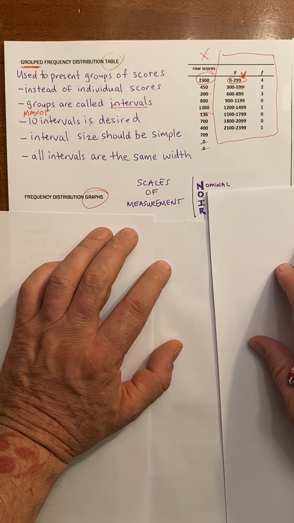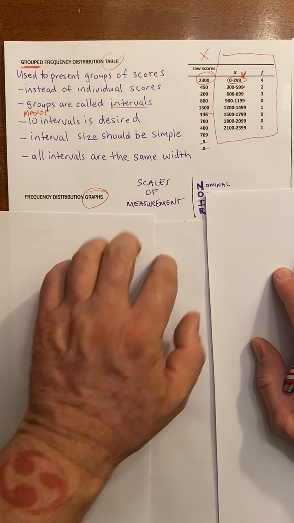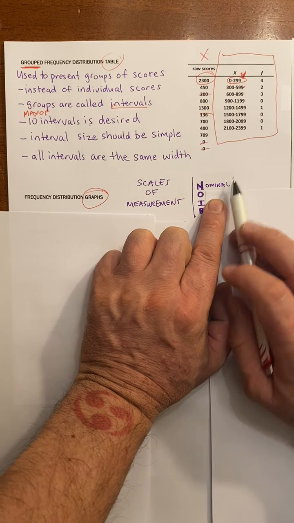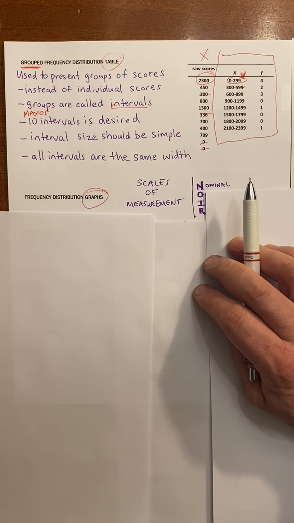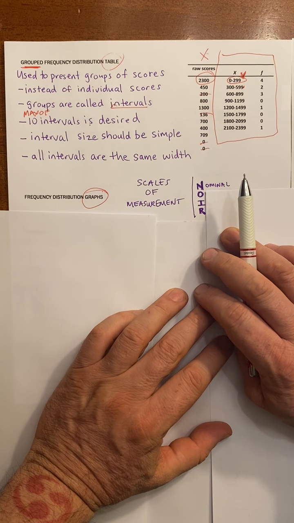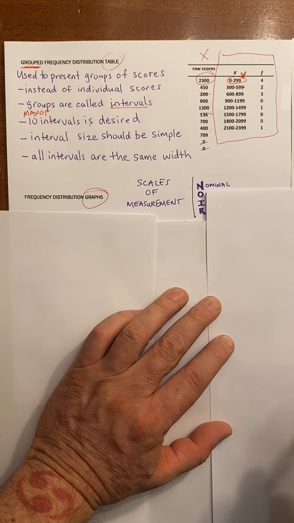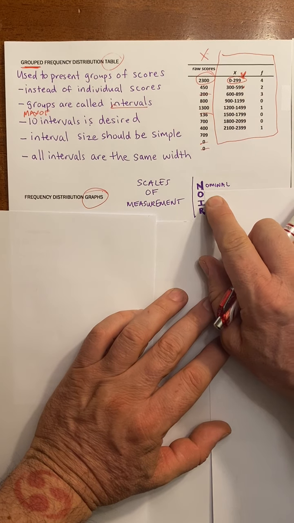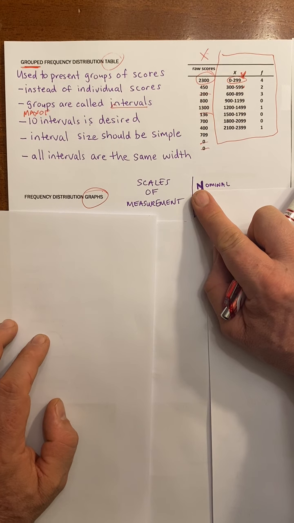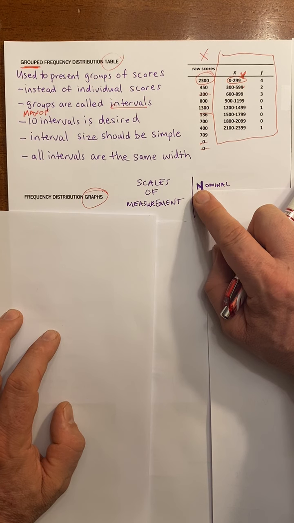The first one was the nominal scale, or the nominal way of organizing the data. Remember that nominal was where you just created categories of data, and the way that you organized them was by name, right? So you had a name of a certain category and then a name for another category. An example that we could think of is you go out and you ask people to tell you what their favorite cereal is.